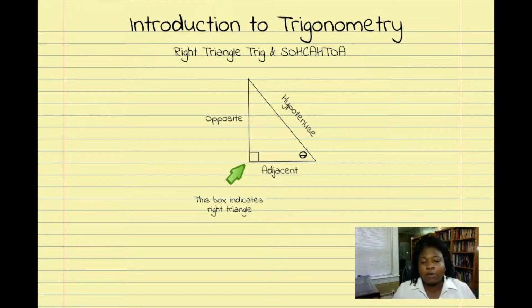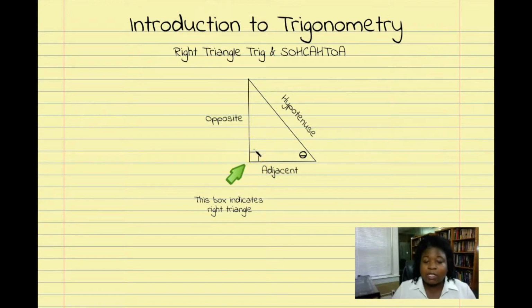So when we talk about right triangle trig and SOHCAHTOA, we first need to look at the right triangle. If you're going to use SOHCAHTOA, you must be working with a right triangle. A right triangle is a triangle with one 90-degree angle and two acute angles. So you can be sure that you're working with a right triangle when you see a square in the corner like this.